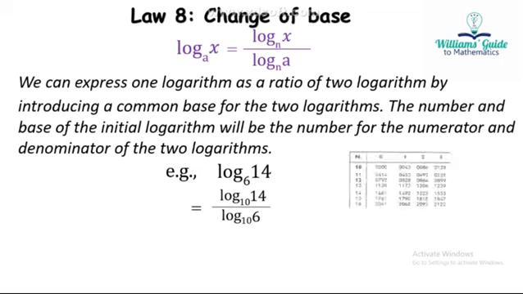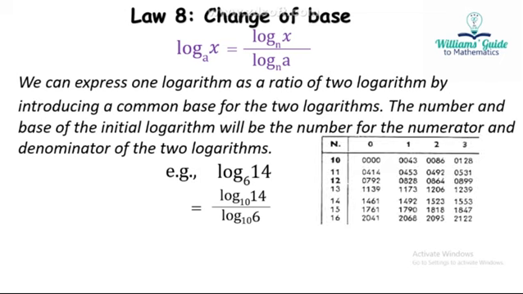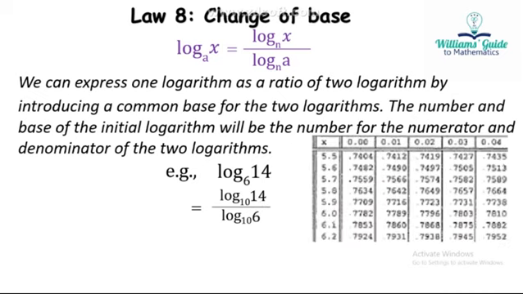We can pick from our mathematical table that log 14 is 1.1461. It is 1.1461 because the characteristic of 14 is 1. And we can also pick for log 6 from our table that it is 0.7782.